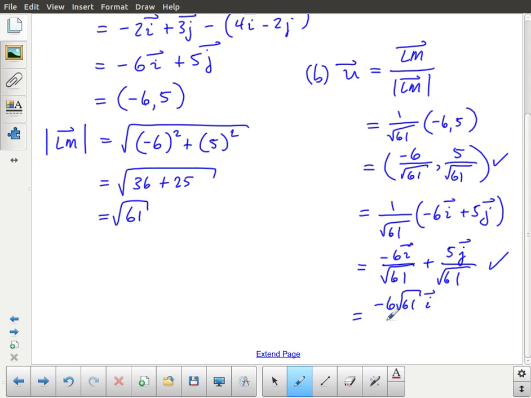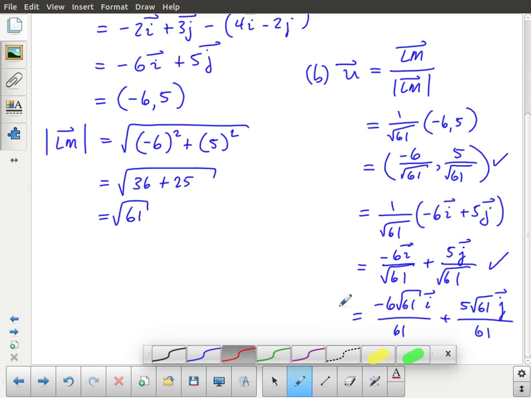If you chose to write it that way, that would be up to you. Since it's vector components, I don't know that that's necessarily a great idea. They'd be equivalent. 5 root 61j over 61. No really good or clean way to write this.